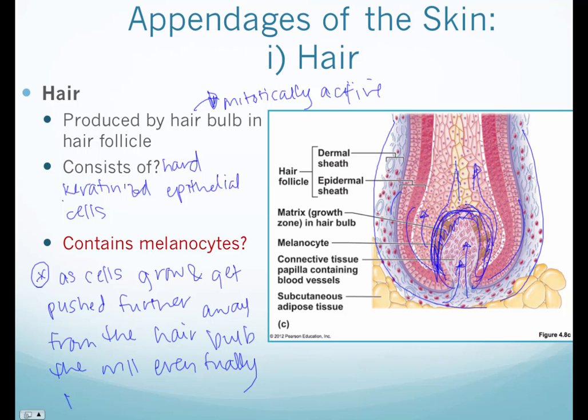They'll keratinize and die. Alright, and now another thing is that we also have melanocytes. So here in brown, you'll also notice melanocytes, and that will give rise to the different pigmentation of your hair itself. So yes, they do contain melanocytes.